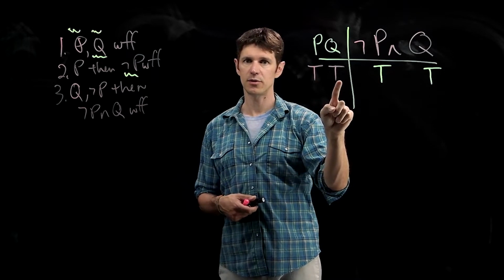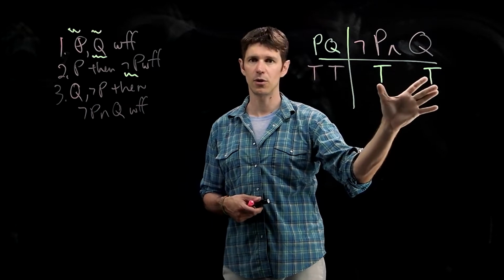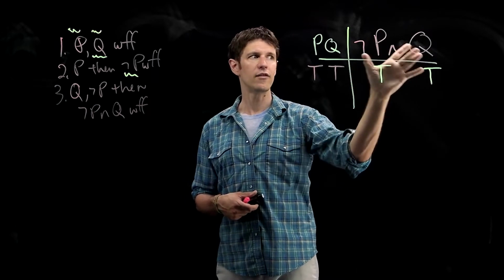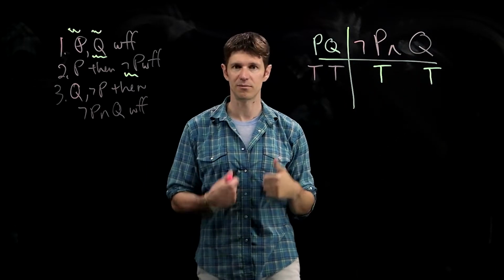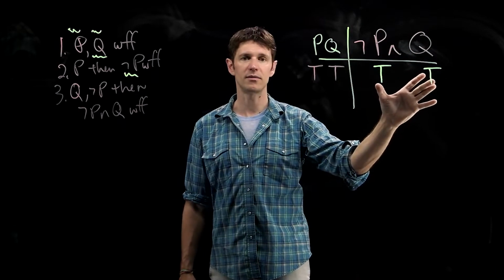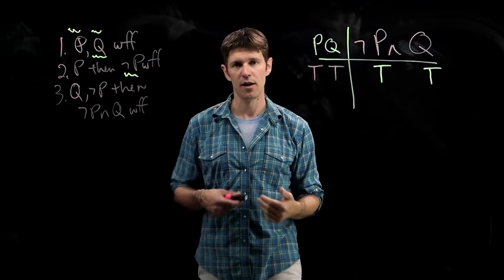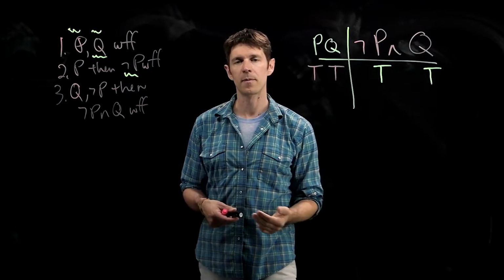We know that P is true and Q is true, and so we've determined the truth value of these parts, P and Q, in the formula. And we signify this by writing true and true under that P and Q in the formula.